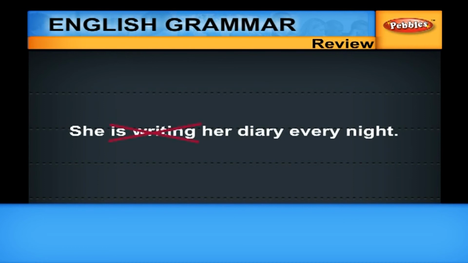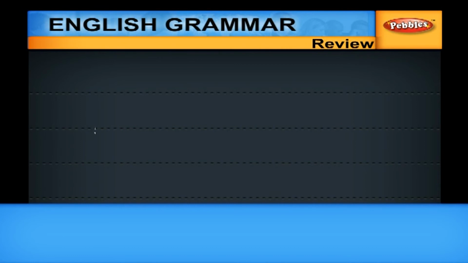She has the habit of writing a diary every night. When you refer to a habitual action, you have to use only simple aspect. But in this sentence, we have used continuous aspect. So this is an incorrect sentence. It should be, she writes her diary every night.